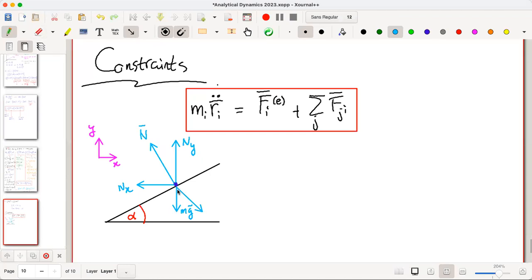Well, no, I don't have to do that, sorry, because mg is already along the y direction, so there is no component of mg along the x direction, okay.